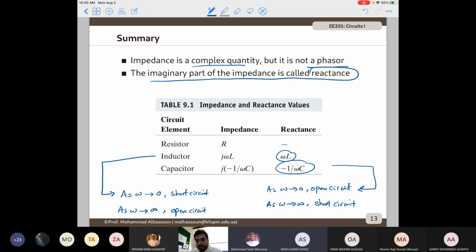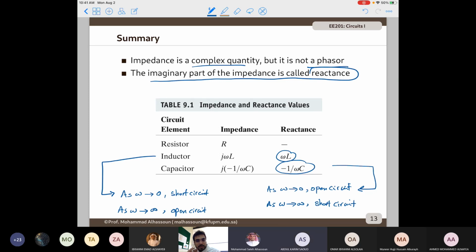Yes, Doctor. I did not understand why there is a difference between high frequency and low frequency. Okay. Do you get why the impedance depends on the frequency, right? Yes. So what happens if you have an impedance of 0 ohm? By the way, the unit of the impedance is ohm.